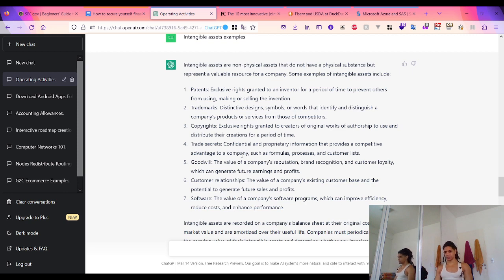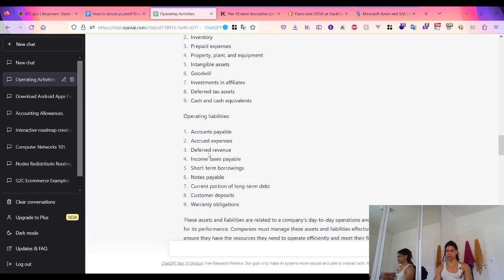Okay, things that a company owns that have value but are not physical. Exactly. So patents, trademarks, licenses, or copyrights. Okay. So patents, trademarks, copyrights, trade secrets, goodwill, customer relationships, and software.